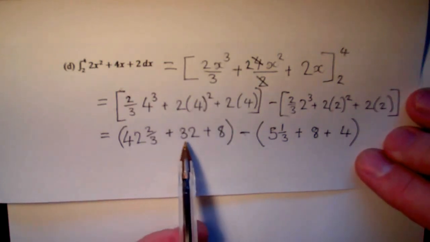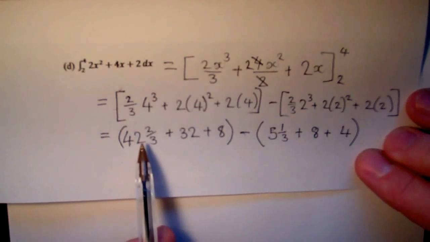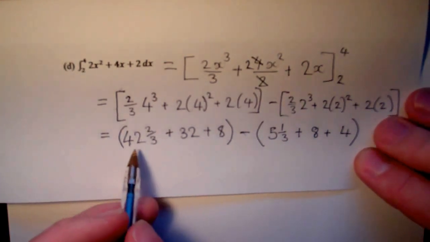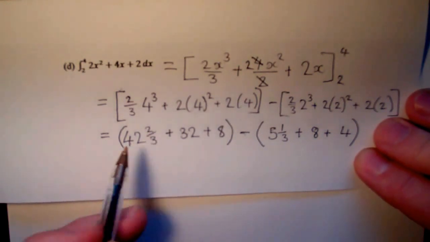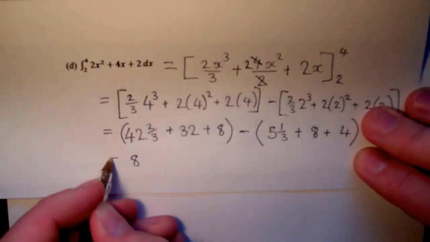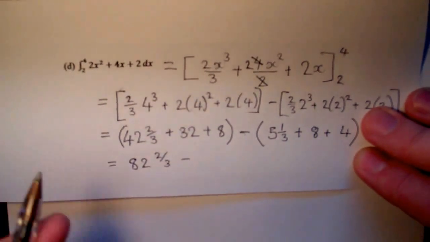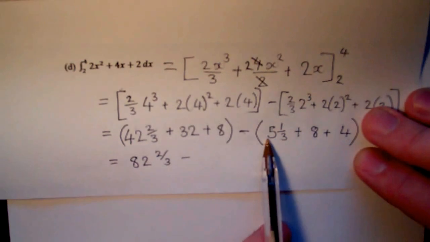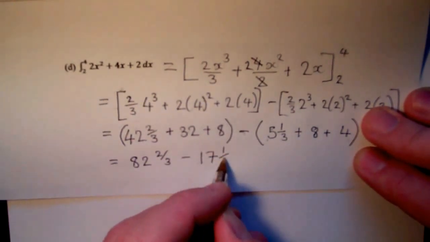On this side we have 40, 40, 42, and 40 plus 40 is 80, plus 2 and 2/3 gives us 82 and 2/3. Taken away from that, 8 plus 4 is 12, plus 5 is 17, so 17 and 1/3.